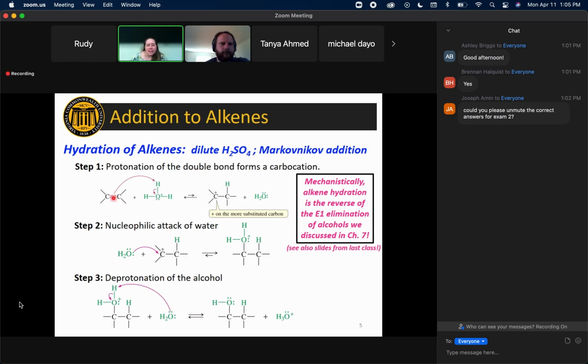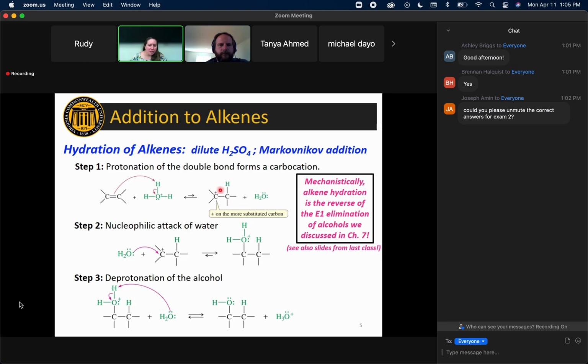Mechanistically, our pi bond electrons act as a nucleophile to grab that proton, forming a new carbon-hydrogen bond on the less substituted carbon, because you generate a carbocation on the more substituted carbon. It is this initial step, the location of that new carbon-hydrogen bond, that dictates that this is a Markovnikov addition product.